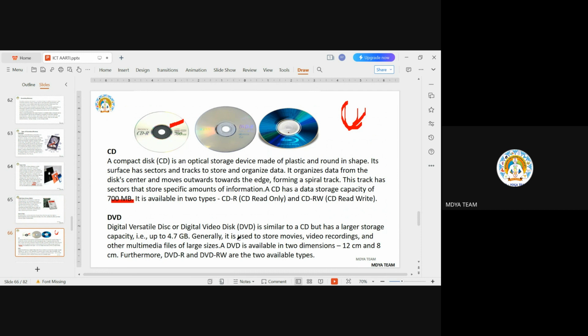Generally, it is used to store movies, video recordings, and other multimedia files of large size. A DVD is available in two sizes, 12 centimeter and 8 centimeter. Furthermore, like CD, DVD-R and DVD-RW are the two available types of DVD.